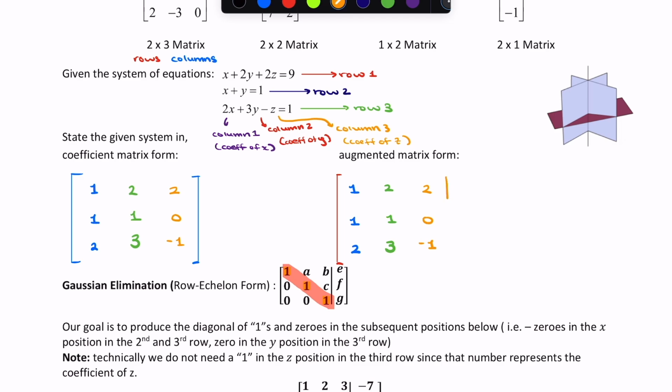However, now we're going to add this line, which represents the equal sign in each of the rows, and we're going to write our constants. So here we have 9, 1, and 1. This line represents the equal sign in each row.